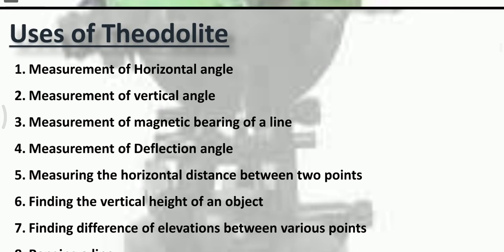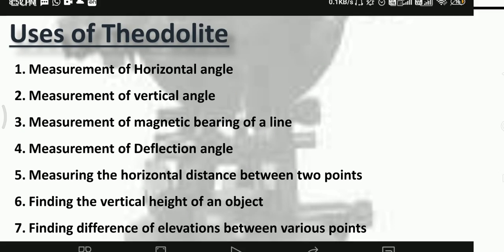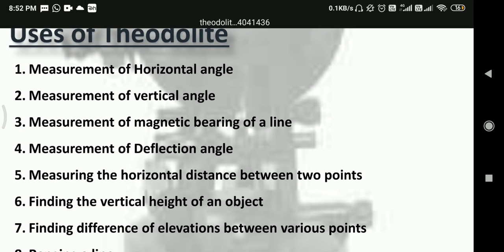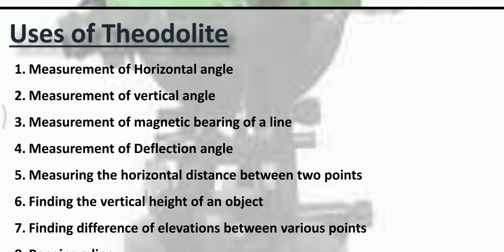The next topic is, what are the uses of the theodolite? First use is measurement of horizontal angle. The first and important use of the theodolite is measurement of horizontal angle. As we studied in prismatic compass survey, we measure the fore bearing and back bearing, that is the magnetic bearing of a line.